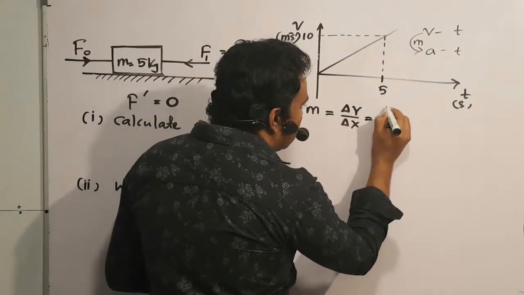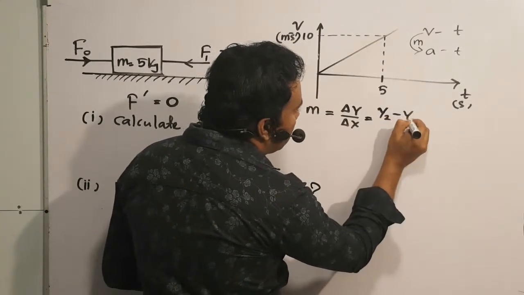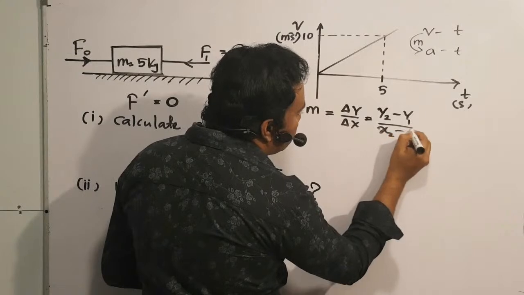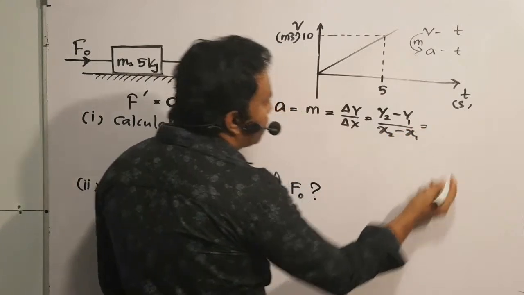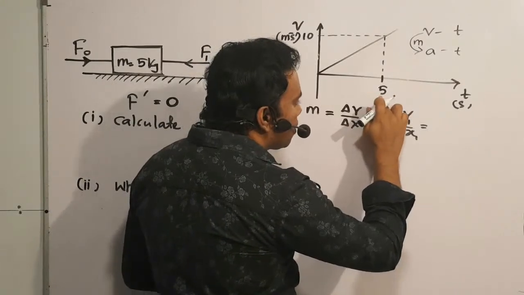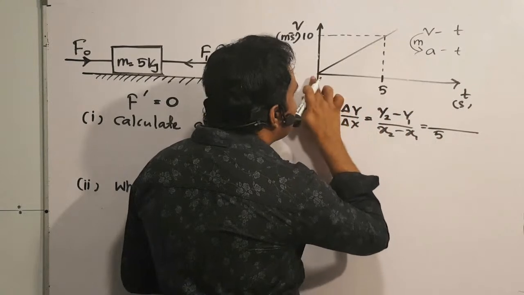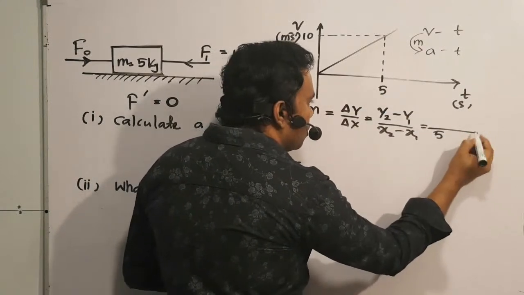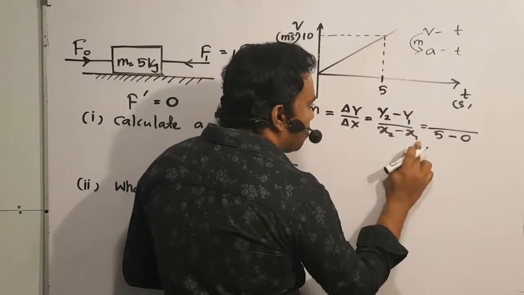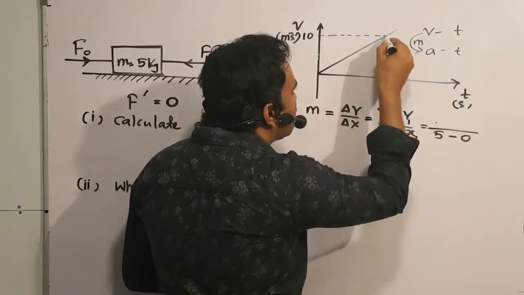Acceleration equals the gradient equals delta y upon delta x. That means change of y, final y or y2 minus y1, over x2 minus x1. First substitute x values. Yes, x2 is 5. Yes, x1 is 0. Yes, corresponding y values. At x equals 5, what's the y value?